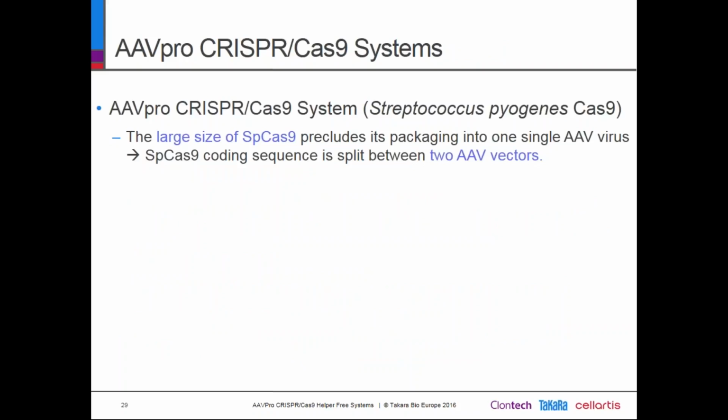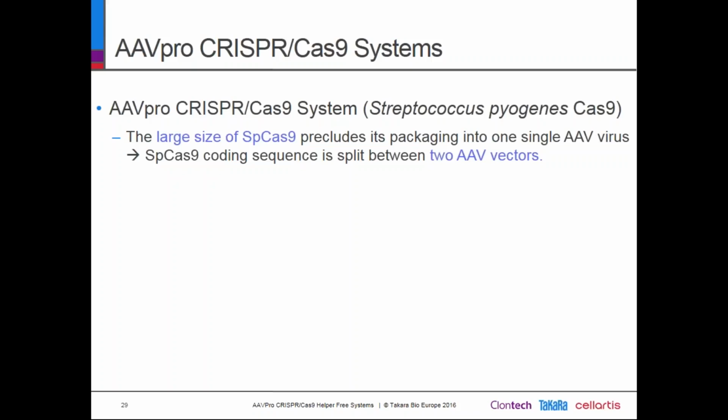The first one is the CRISPR-Cas system delivering Cas9 from Streptococcus pyogenes, also called SP-Cas9. And there's just a little problem with AAV and Cas9. As you may know, AAV is quite a small virus, and the problem is that Cas9 has a very big coding sequence. It's a very big protein.